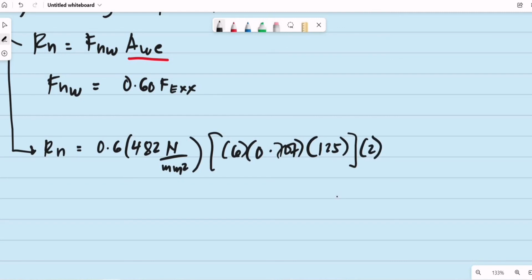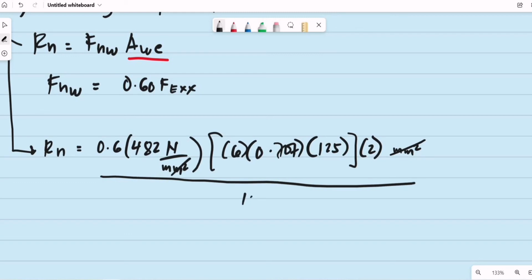If we are to do unit analysis, the remaining unit, since this is already in square millimeters, cancelling square mm, will be in newtons. So dividing the entire value by 1,000 gives kilonewtons. So this will be the nominal strength of the weld.